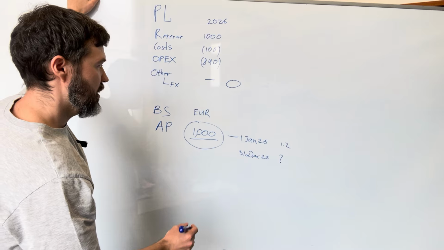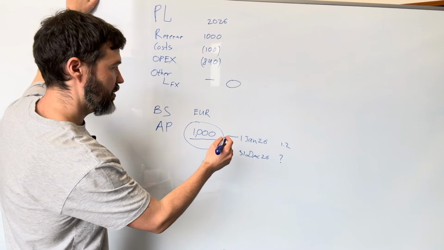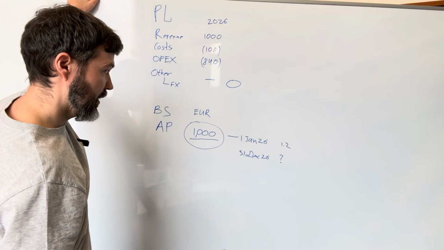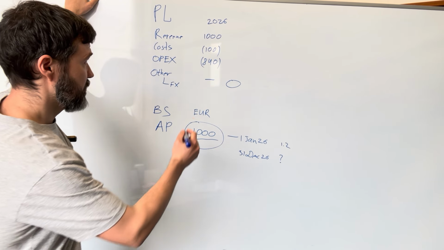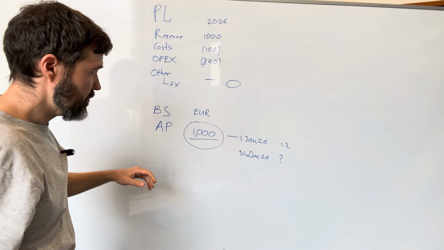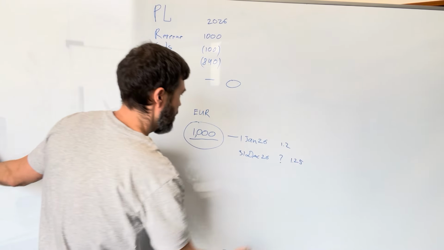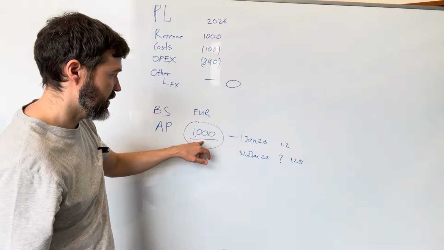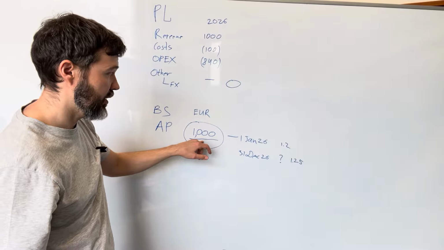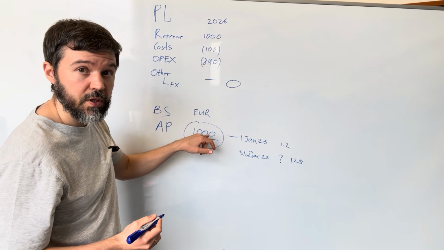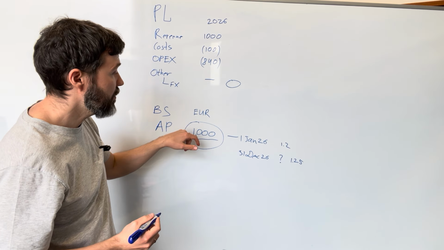And if the rate goes somewhere, and it will go somewhere, obviously. For example, in the middle of the year, the rate goes to 1.25. That means that now your liability in United States dollars is not 1.2 billion anymore, but 1.25 billion.